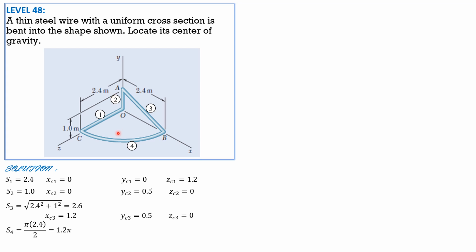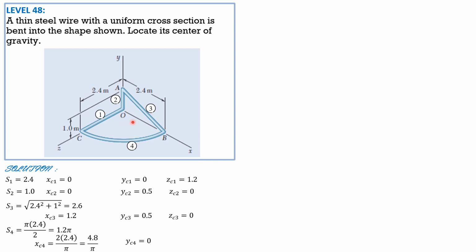Then its x, it lies on the xz plane, so this distance is centroid of a quarter circular arc, 2r over pi, 2 times 2.4 over pi. x sub c4 is 2 times 2.4 over pi, so that's 4.8 over pi. Then y, because it lies on the xz plane, is 0, so y sub c4 is 0.